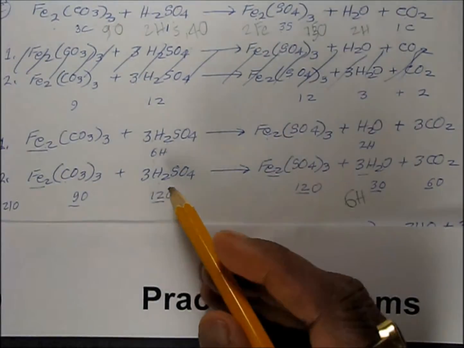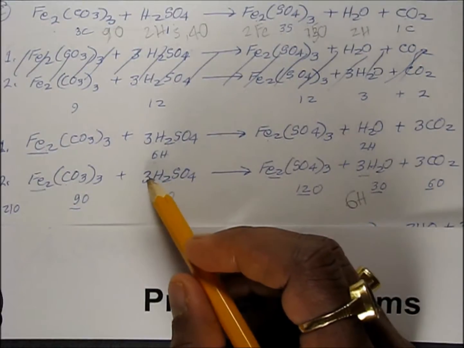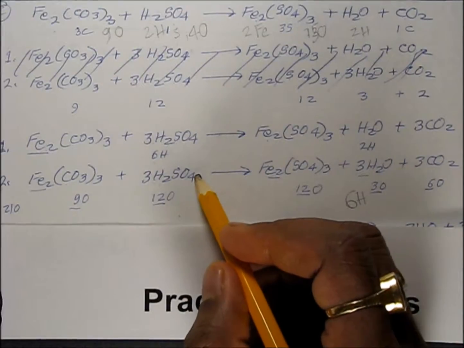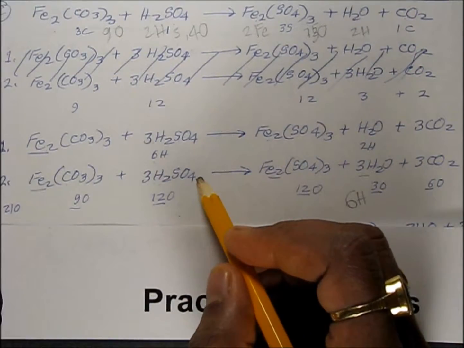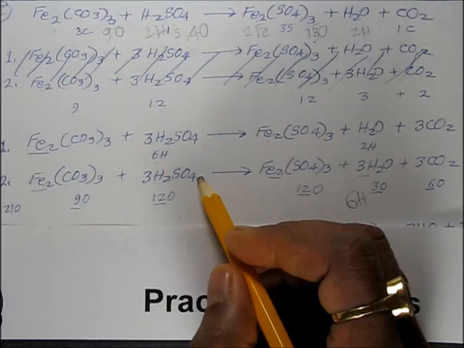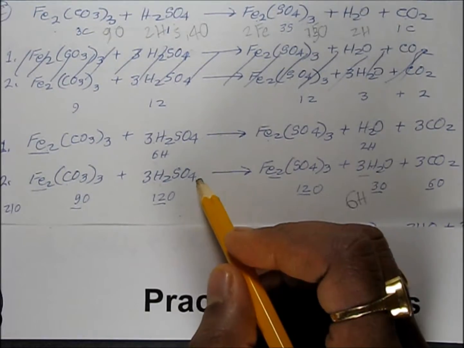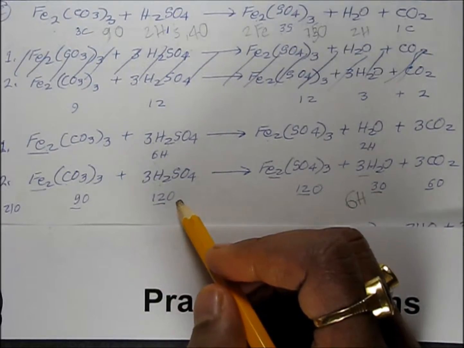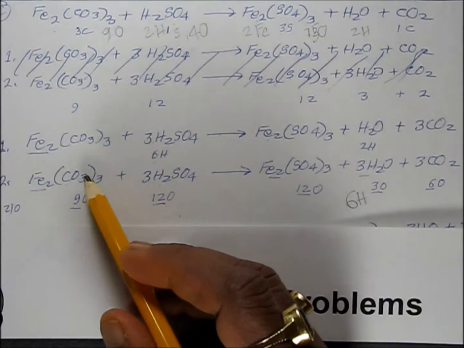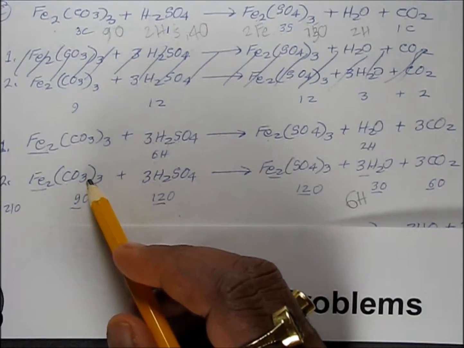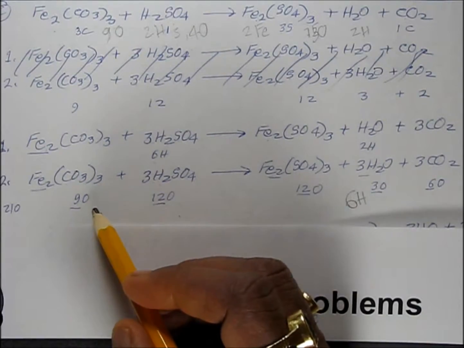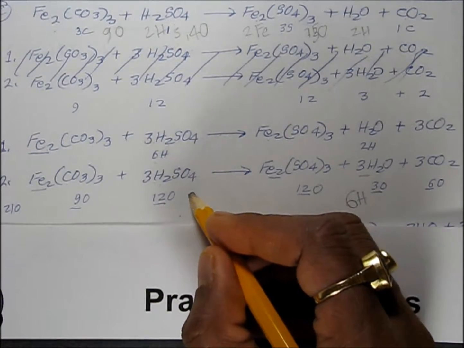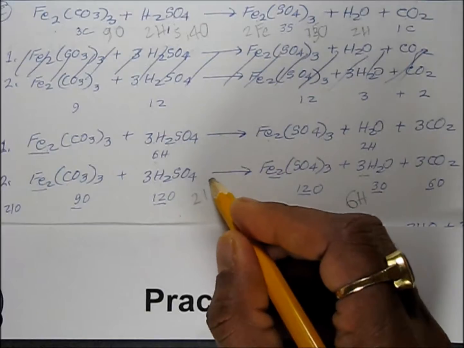It will be 4 multiplied by 3, 12 oxygen in the sulfuric acid, because this has a subscript number 4, and then you have to multiply it by the coefficient to find the total number of oxygen, which is 12, and here you have to multiply this subscript 3 by 3, total 9. So 9 and 12, 21 oxygen on this side.